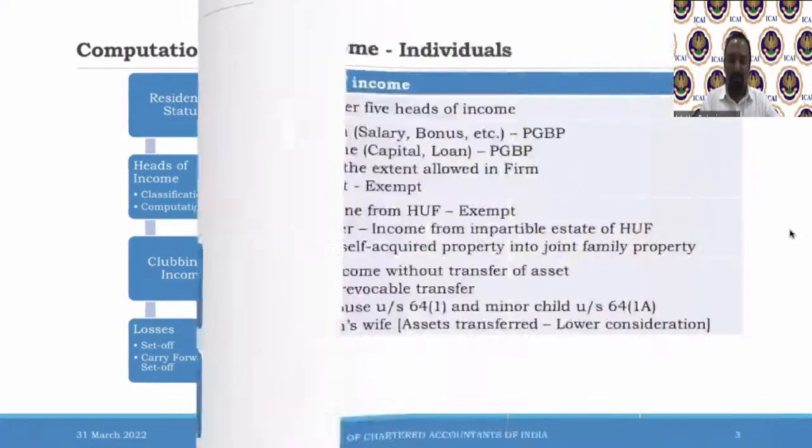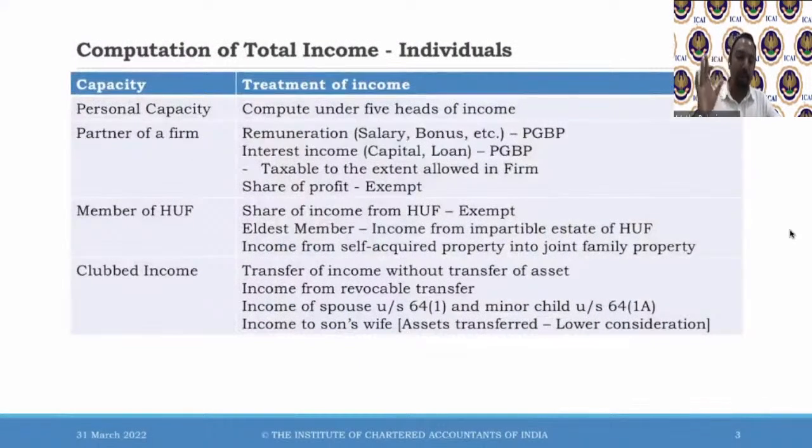Typically, as we said, before going into these steps, we'll understand what you mean by total income. When you say the individual as himself, it is the 5 heads of income. When you're talking about a partner of a firm, it will be whatever income you're talking about, plus if there is any remuneration from the partnership firm, in whatever name you call it, it could be remuneration in the name of salary, bonus, commission, whatever name you call it, it shall be included in PGBP.